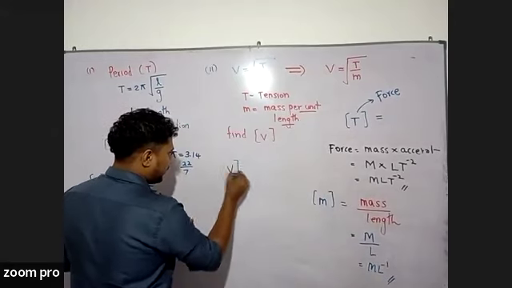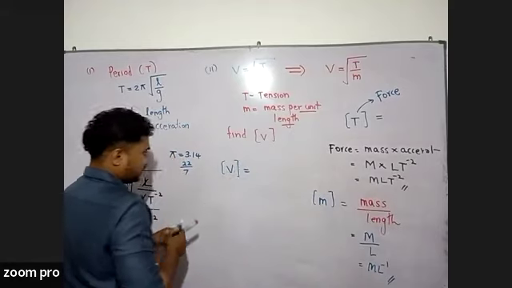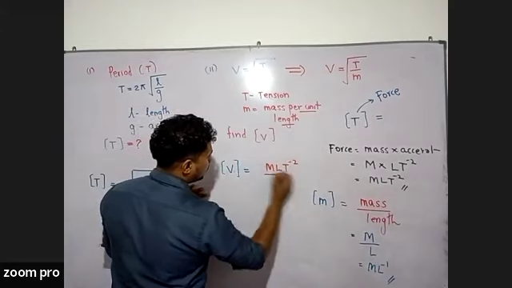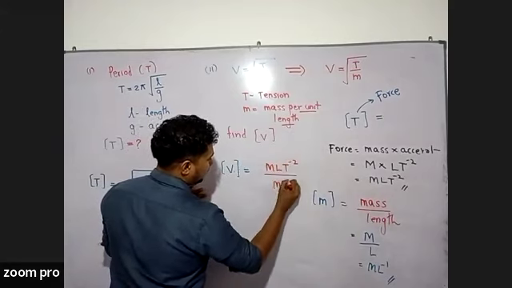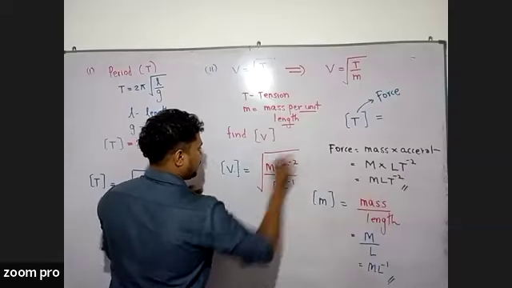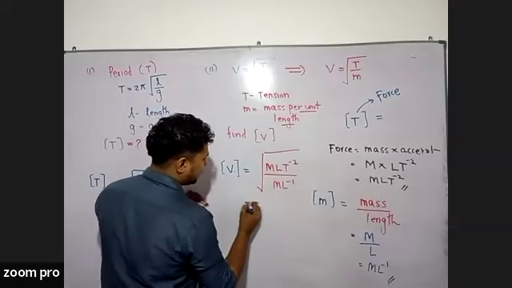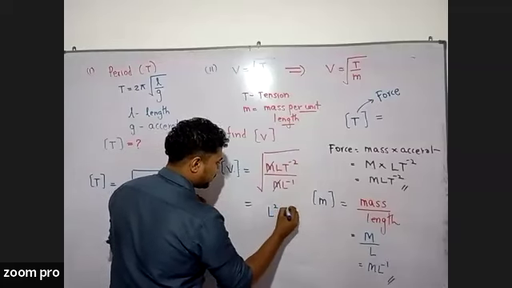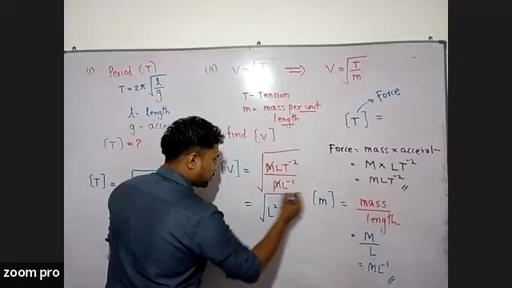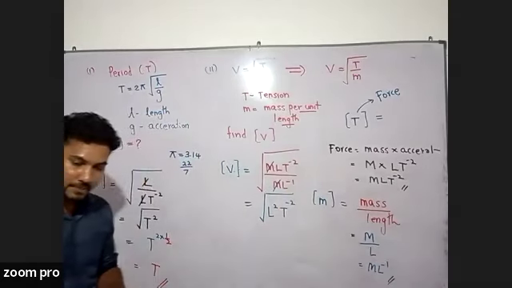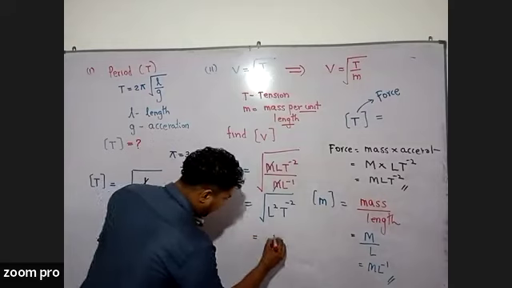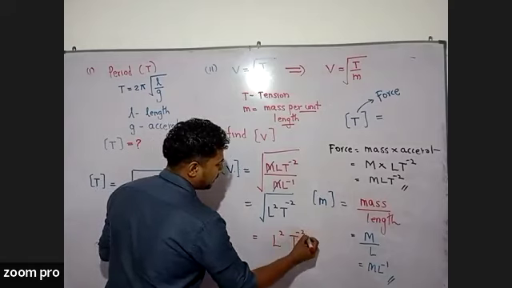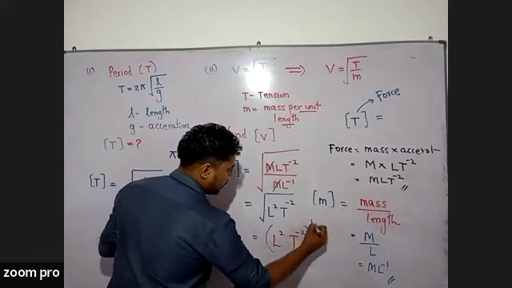In order to obtain the dimensions of V, T means MLT minus 2 over ML minus 1, and it should be under the root. M is cancelled, then L comes to the denominator and it is converted to L squared T minus 2. As I mentioned earlier, this root sign represents the half power. Then this can be written as L squared T minus 2, to the half power.